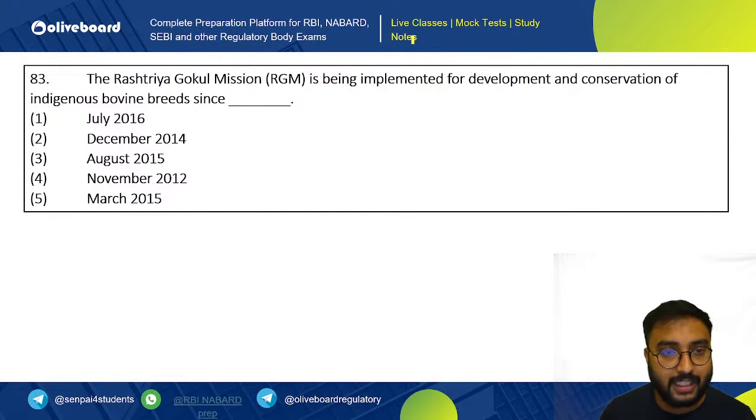Rashtriya Gokul Mission is being implemented for development and conservation of indigenous bovine breeds since which of the following years? July 2016, December 2014, August 2015, November 2012 and March 2015.